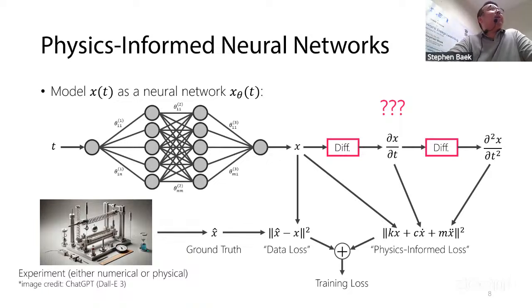So last time we talked about physics-informed neural nets. The idea of the neural net that we've been building is basically some parametric representation of a mathematical relationship.